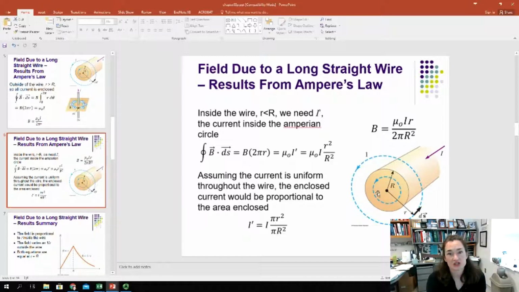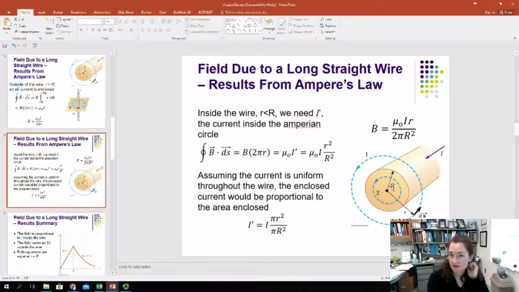If you look at position 2 here, that's the point we're talking about now, when we're inside the wire, r less than big R. The magnetic field would point in the direction counterclockwise around this little dashed blue line inside the wire. Yet again, ds and B point in the same direction at all points, and since we have our Amperian loop centered at the center of the long axis of our wire, we can pull the magnetic field strength B out.